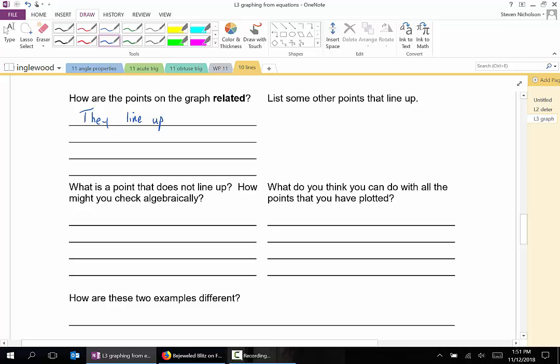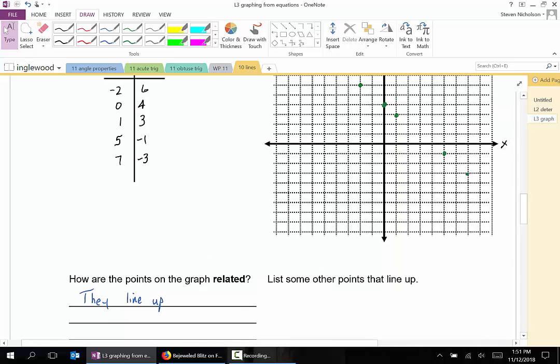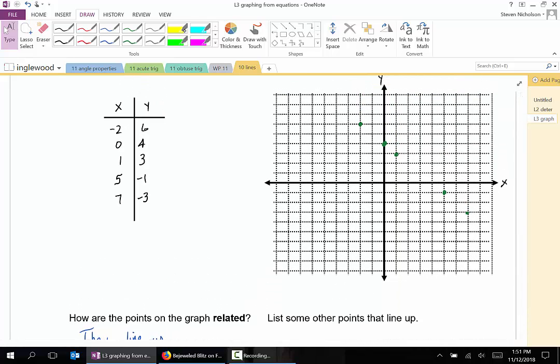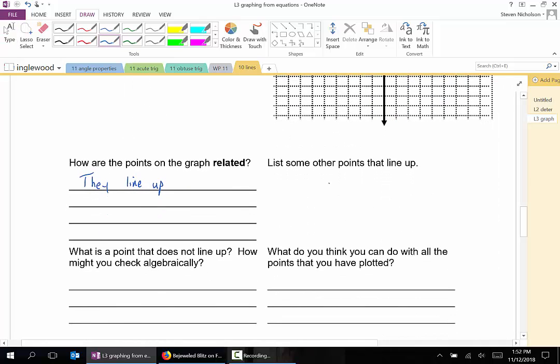If I said list some other points that line up, you could simply go anywhere on this picture and figure some other ones, like -1, 5, or 2, 2, or 4, 0.